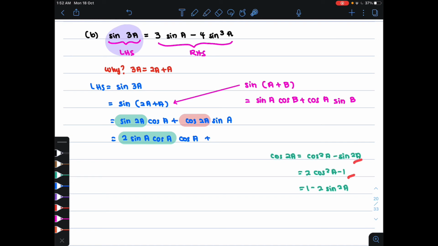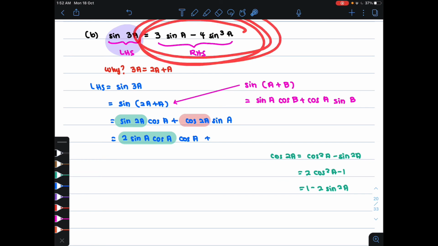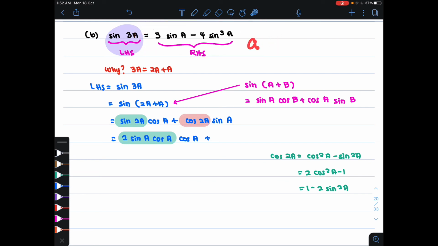So which one do we use to substitute for cos 2A? If you look at the final answer here, it has only angle A and the trigo sine only in the right hand side. So we're going to choose the one with the sine only, which is this one. So cos 2A is 1 minus 2 sine squared A.